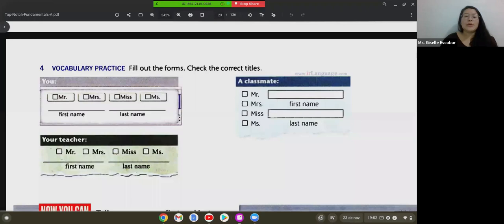I'm going to tell you the subject pronouns, and you are going to tell me the possessive adjective of that subject pronoun. So, for example, si yo les digo I, the possessive adjective is my.